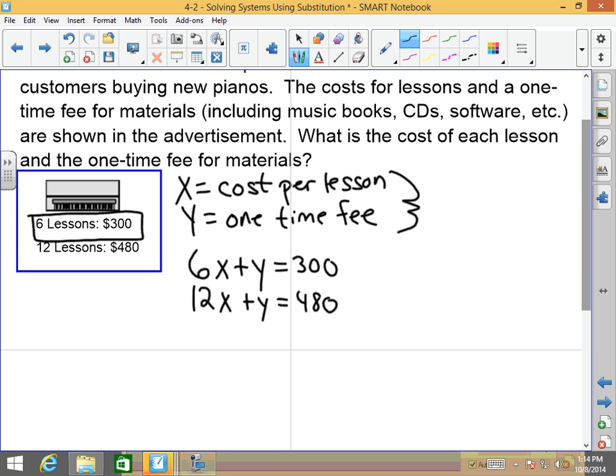Which y do you want to solve for? Because they're both easy. Okay, so we're going to solve for this y. So y equals negative 6x plus 300. I'm going to plug that y into this y.